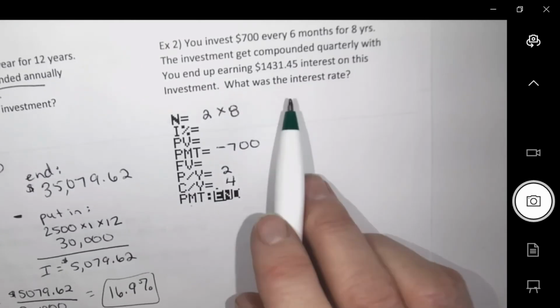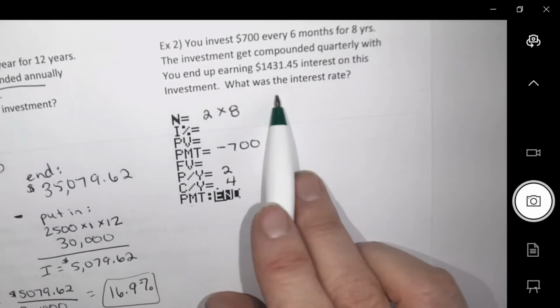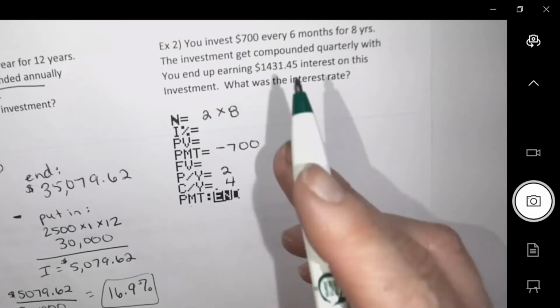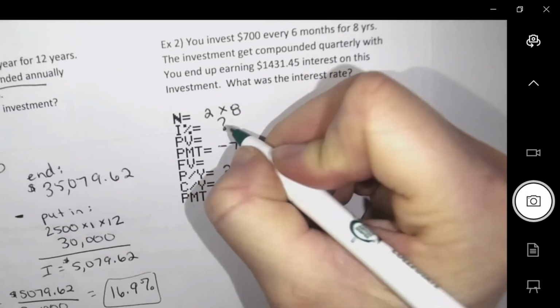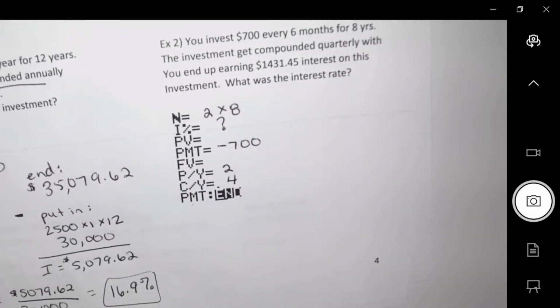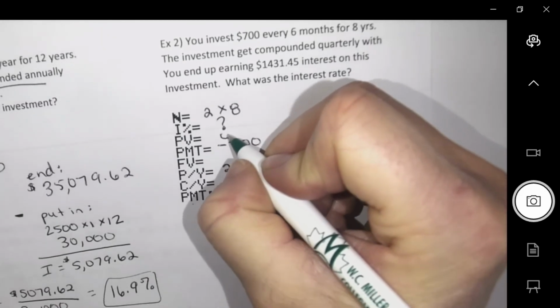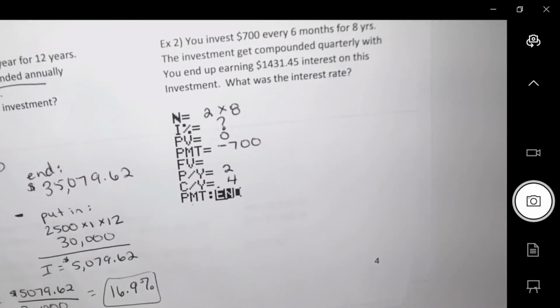You end up earning this interest. What's your interest rate? So the I is going to be a question mark. Previous value is that we are going to start with $0 at the very beginning. And we're going to actually have to go to the side here and figure out that future value.